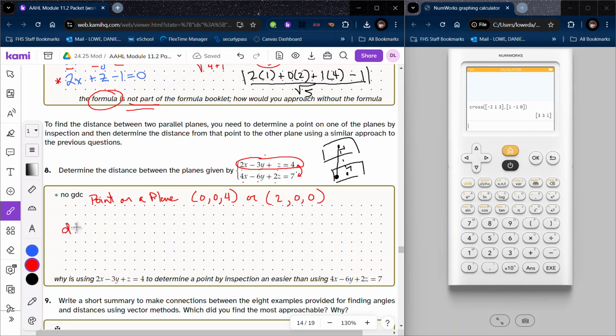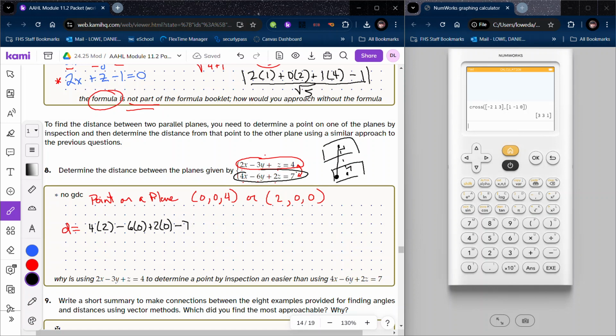So I know then that that distance is going to be based on that point from the plane substituted into the other plane. So I'm going to have 4 times 2 minus 6 times 0 plus 2 times 0.